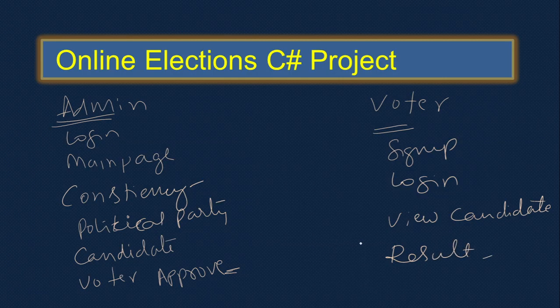Fine, so it'll serve the purpose. So the user has to sign up and then they can view the candidates. Based on that, they need to vote actually. So here is the vote. First they need to vote and then they are able to see the result. Here also you can have a result, because based on the voting you can see the result.